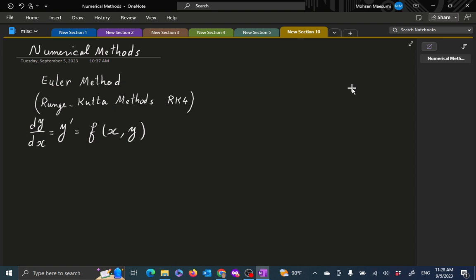With any of these differential equations, we have an initial condition. Initial condition means a pair of numbers, one of them representing your initial x value and the other one representing your initial y value. So this is going to be our initial condition. And then we want to solve the equation.